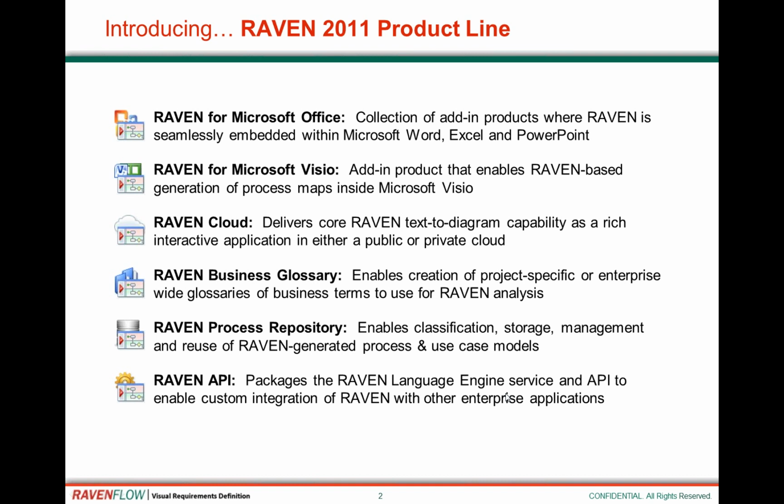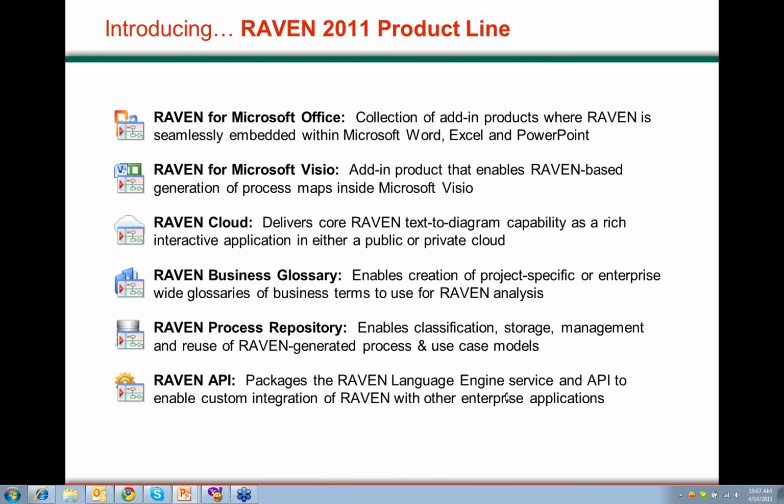It talked about the strategy being focused on Raven for Office, which is a collection of add-in products for the key products that you use as business analysts to do business and requirements analysis work: Word, Excel, and PowerPoint.